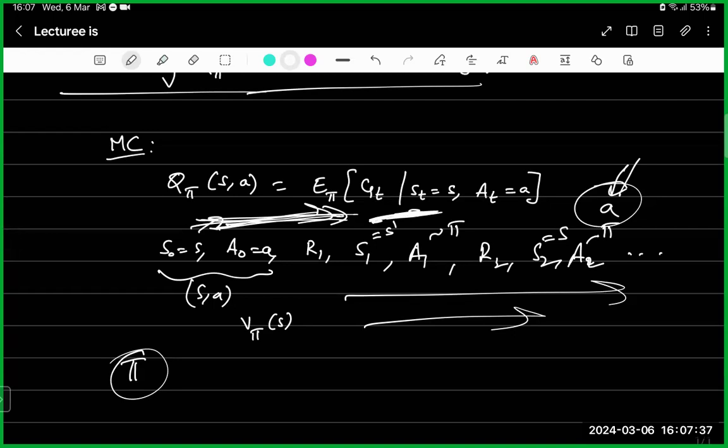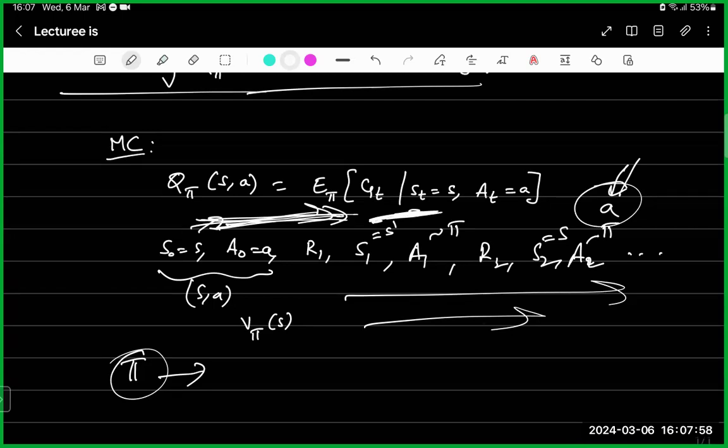Is it clear? Because if pi is a deterministic policy, if you act randomly, then you are not following pi. But if your pi itself is a random policy, you are only behaving according to pi even in the new setting. But it turns out that your pi itself is stochastic.